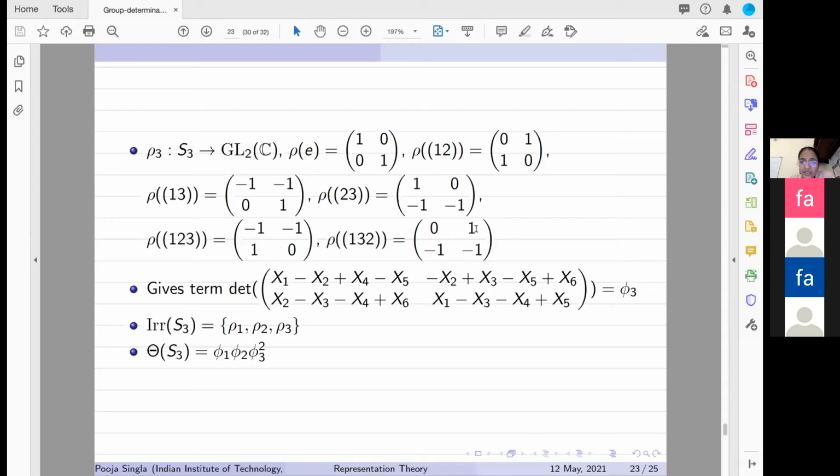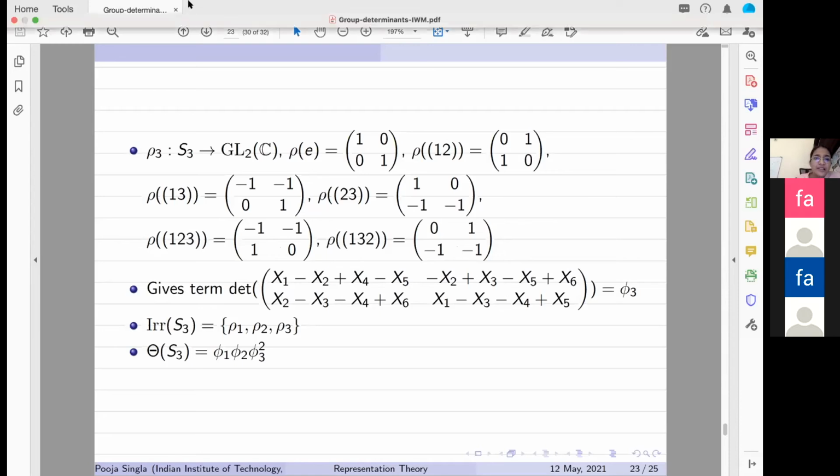Similarly, this is with x3, so that's x3 here, minus x3, minus x3, and so on. That's how one gets a matrix. This is a 2 by 2 matrix. You can see that if rho was n-dimensional, this would be an n by n matrix. So the term becomes the determinant of this matrix, and that will be my phi3.